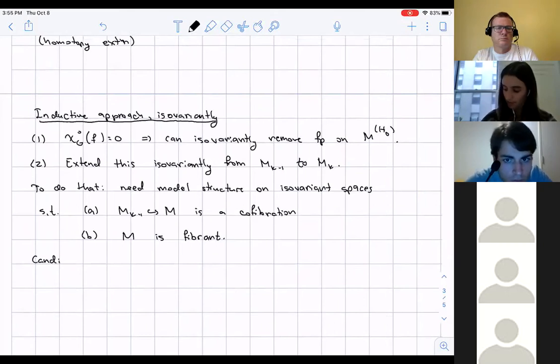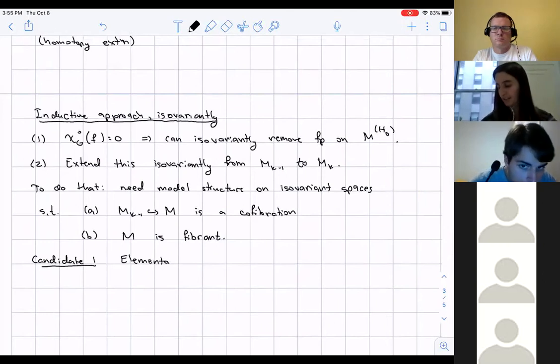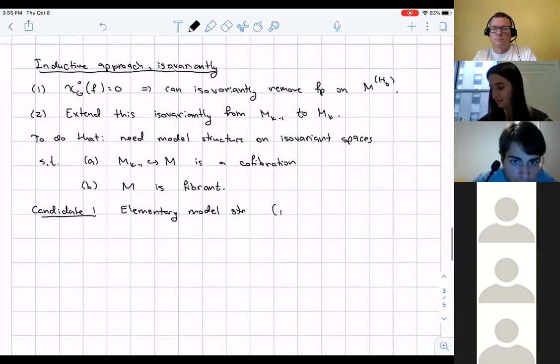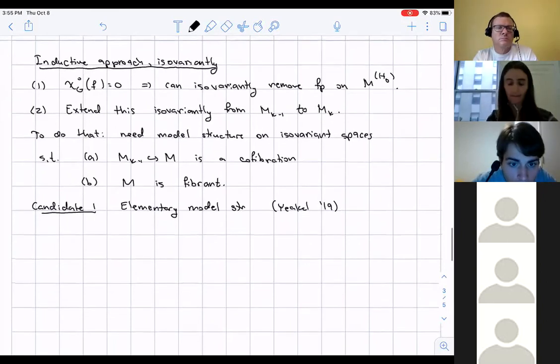And so the first candidate for a model structure on isovariant spaces is the elementary model structure. And this is something that Sarah developed and put on the archive in 2019. And so this is a really nice model structure in the sense that, for example, there is an Elmendorf's theorem for it.